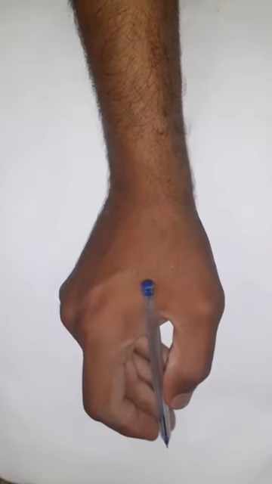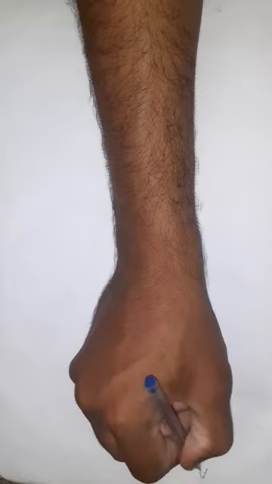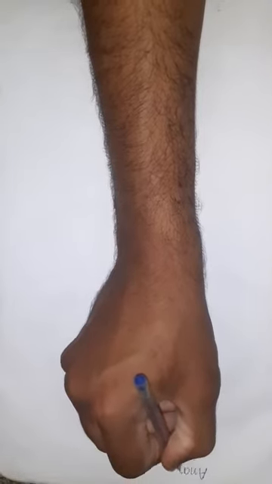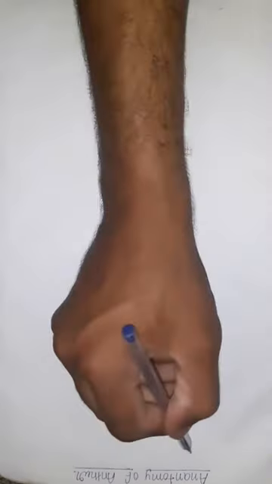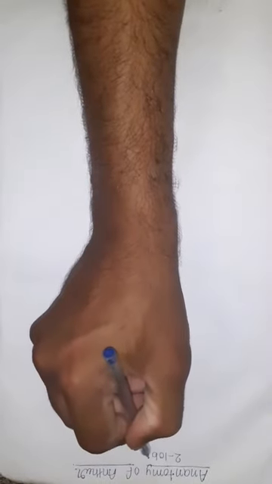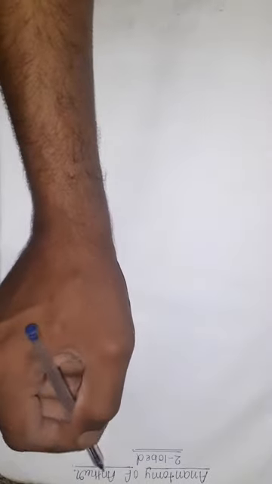And next, to understand the microsporangium, we need to understand the anatomy of the anther. That's why now we are discussing the anatomy of an anther. We are discussing the two-lobed anther here because it is the common type of anther in angiosperms.